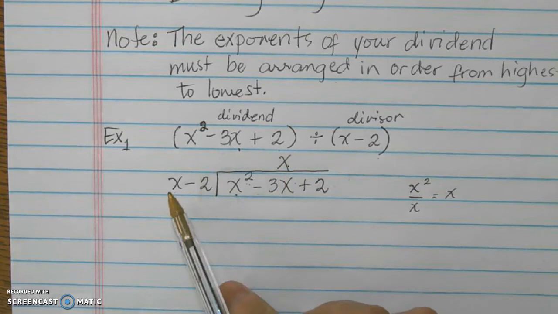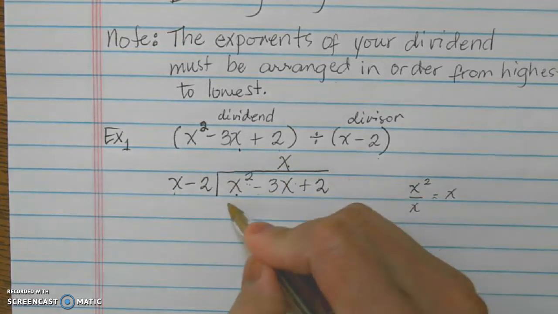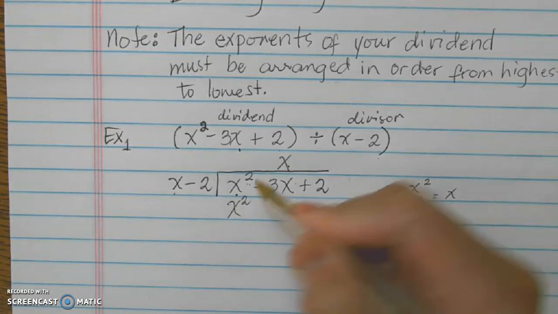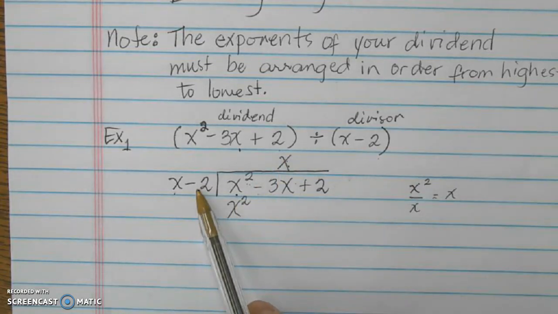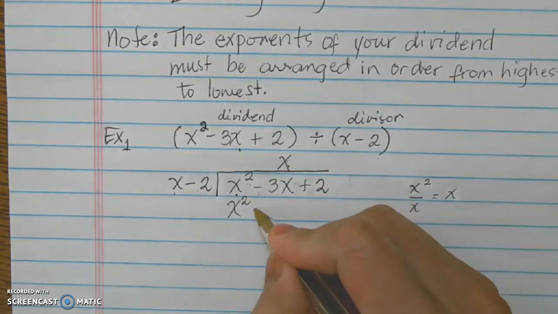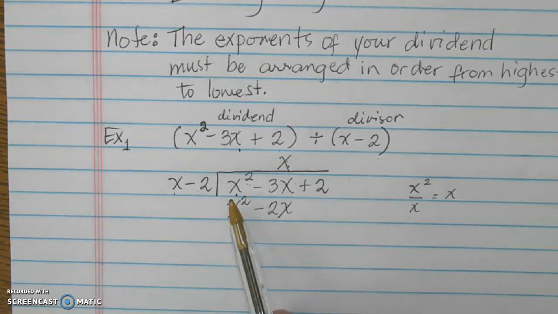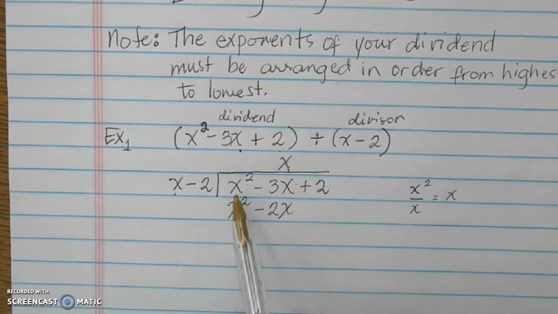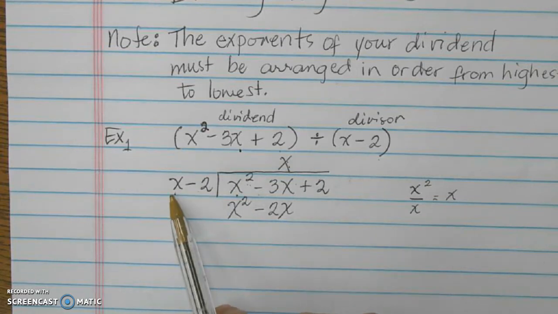x times x is x squared. So we're going to put it here, x squared. x times negative 2 is negative 2x. So let me backtrack a little bit. When we were dividing, we were just dividing the first term of our dividend with the first term of our divisor.